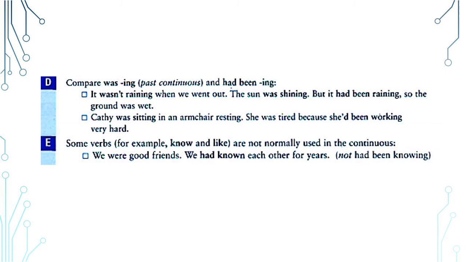We were good friends. We had known each other for years. We had known each other for ages. And not had been knowing. It is wrong to say had been knowing.